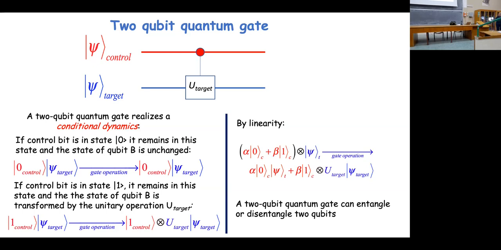Suppose that you start with the control in the superposition of 0 and 1. The state 0 will do nothing on the target, but if you are in this part of the wave function, then the target will be affected and you end up with an entangled state. So you see that it creates entanglement.